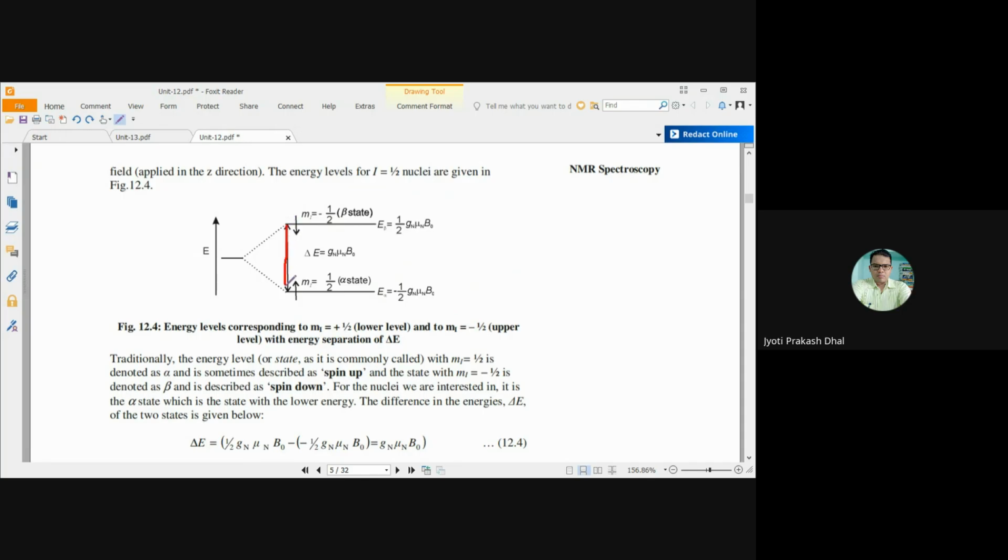So this is the separation between the lower and upper energy level, delta E equal to g_N mu_N B0. Because the value of E alpha equals minus half g_N mu_N B0 and the value of E beta equals half g_N mu_N B0, hence the energy difference between the lower level and upper level, delta E, equals g_N mu_N B0.